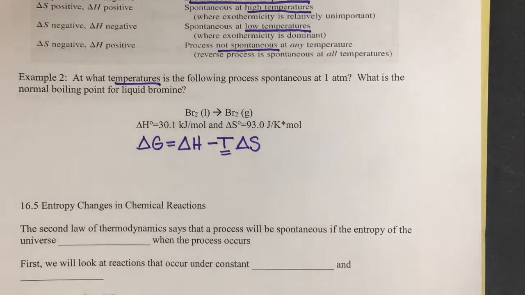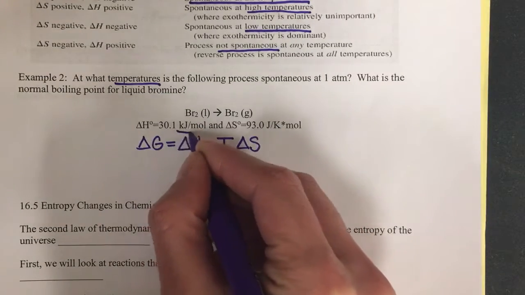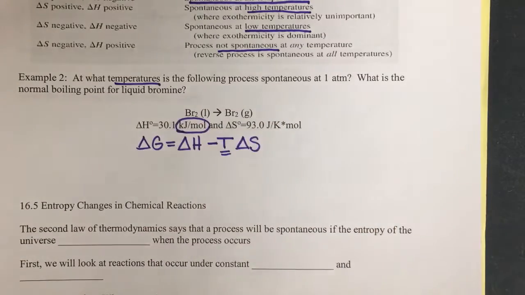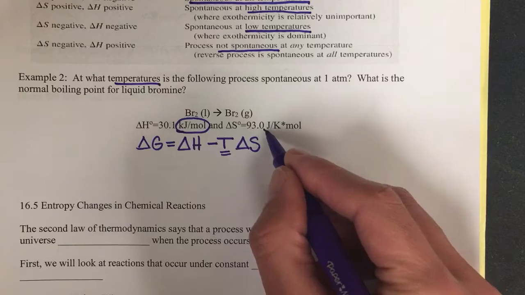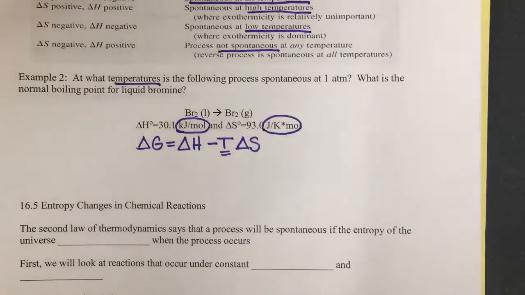Now here's the one thing we need to be super careful about when we're solving these problems. Delta H is given to us in kilojoules per mole. Delta S is usually given to us in joules. Those two things are not the same. We need to make our units equivalent.